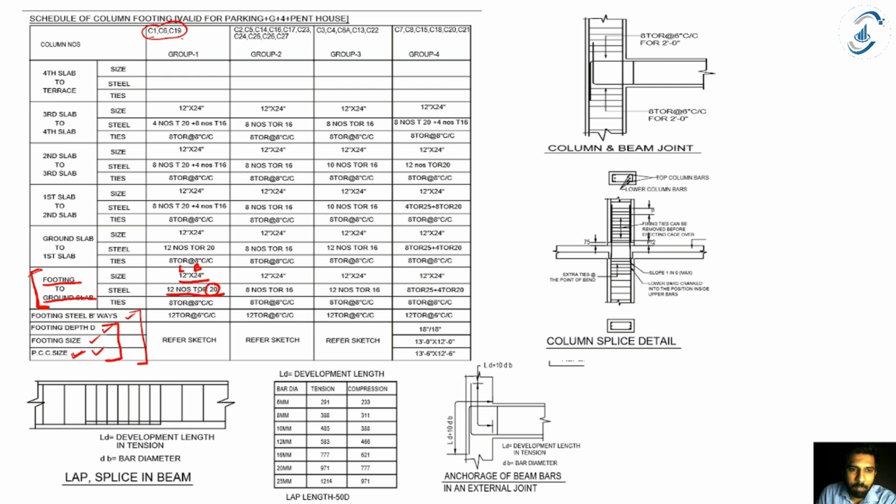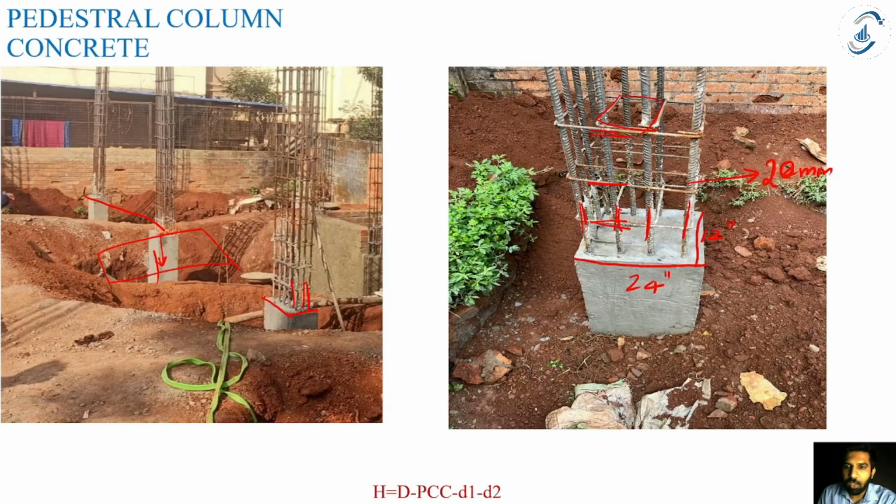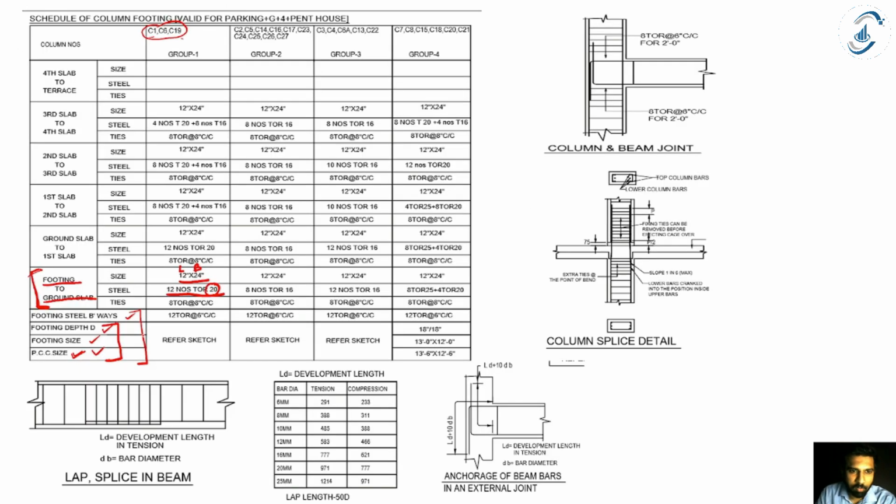So 20 mm bar, and how many numbers are there? 12. So this is 1, this is 2, this is 3 and 4. Similarly along the other side, 5, 6, 7 and 8, and 9, 10, and behind this 11 and 12. So we have 12 number of bars which are 20 mm.